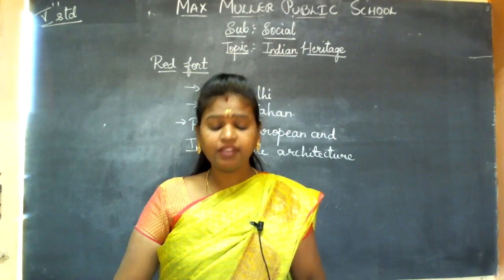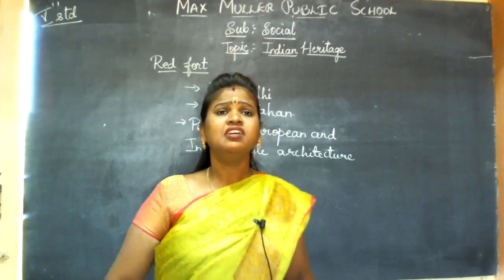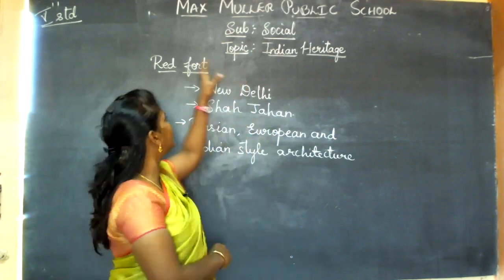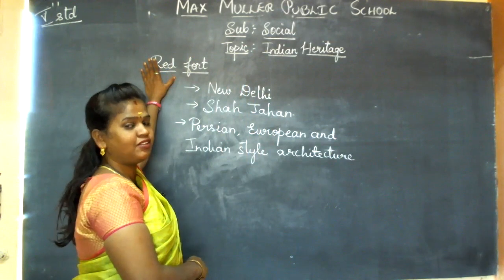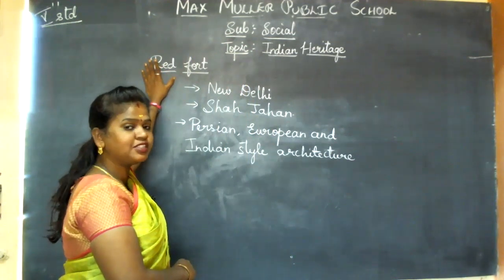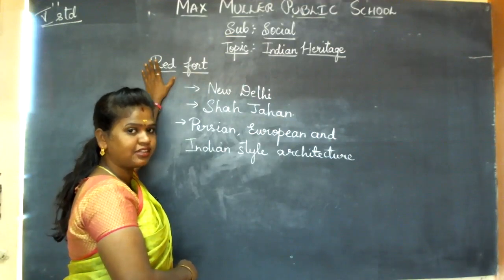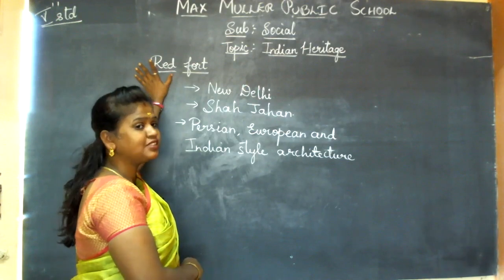And which material was used to build this Red Fort? See children, when it comes to the color red, you can just come to know that the fort is red in color. So that is why it was named Red Fort. How was this Red Fort built?